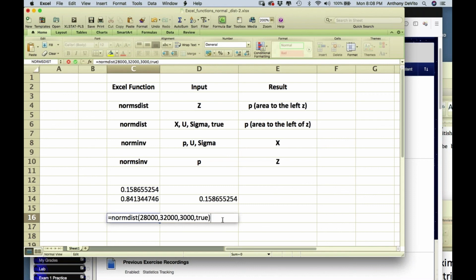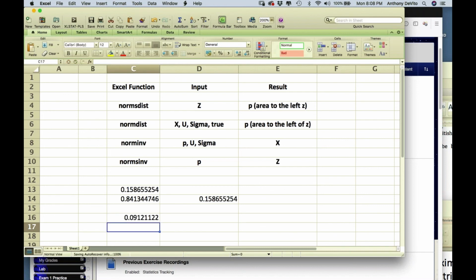Straight lines don't have an area. So this would give you the area to the left of 28,000. Remember that was the answer we got, a little over 9% of the teachers had that salary. So that gives you a way to find the p-value, the proportion, without even bothering to calculate the z-score.